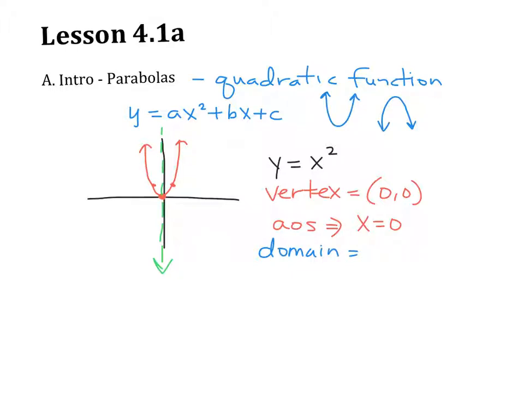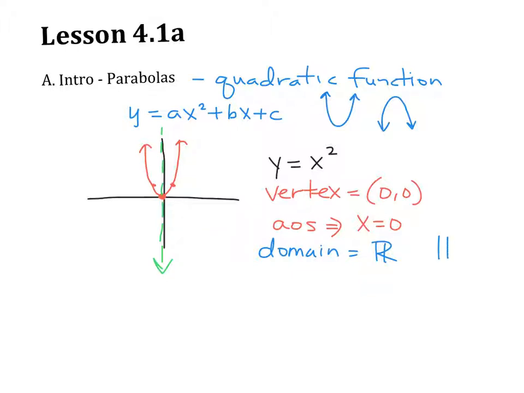If you were to let that keep going forever, it won't ever stop. It's just going to keep moving wider and wider. So your domain for every single quadratic is all real numbers. Please don't ever get that wrong on a test. It is always all real numbers. It will never be anything else for a quadratic.